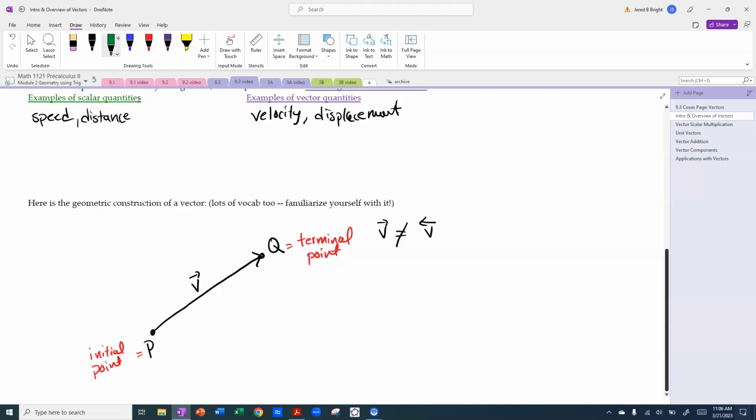Now Vector said it's an arrow that has a magnitude and direction. How much is the magnitude? Well, the magnitude is just going to be how much space it is from P to Q. In this context, if we say we're going from P to Q, maybe we're thinking about distance, so magnitude could just be a distance.